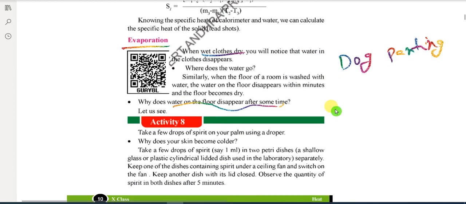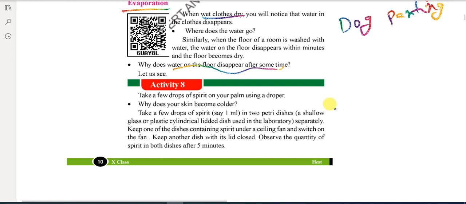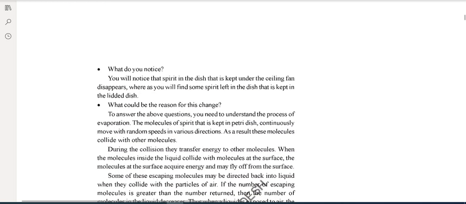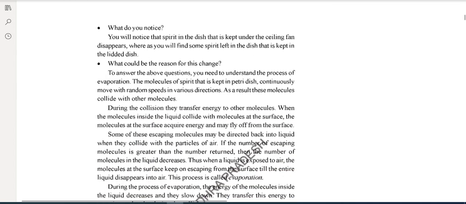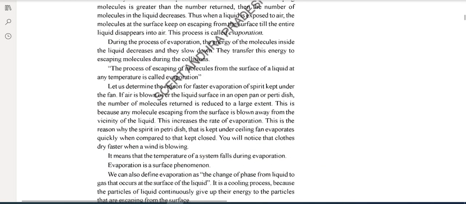So many, and dog panting. These questions' concept is evaporation. And the activity also, drops of spirit. In the air evaporation is more. If you keep it in a lidded dish, evaporation is less, like that, simple.